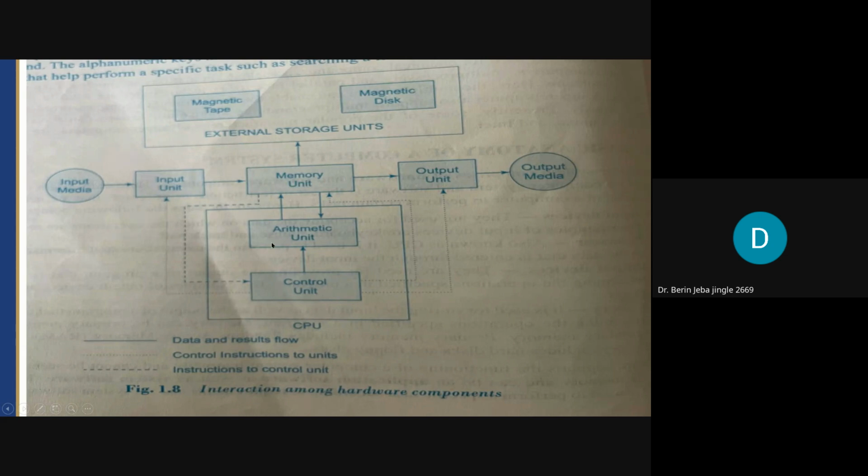See, there are two different dashed lines. One is a very minute dashed line, another one is this dashed line. This is the instruction to the control unit. Once the memory receives data, it sends an instruction to the control unit that I have received the data. This is the functional basic organization of a computer.